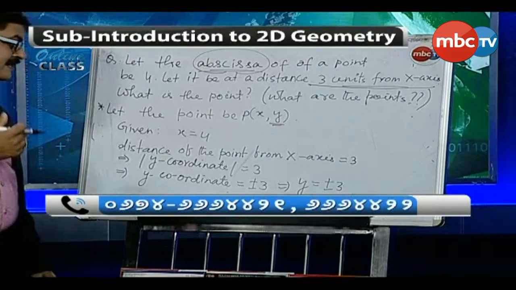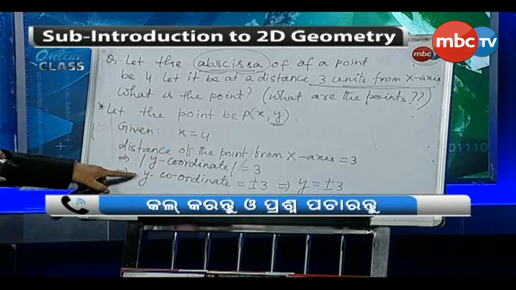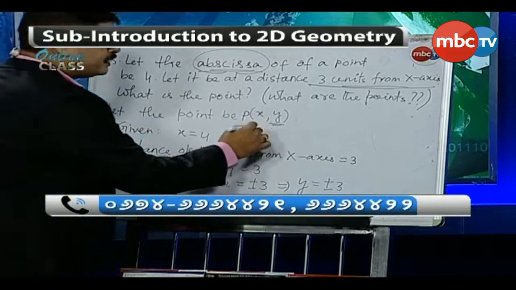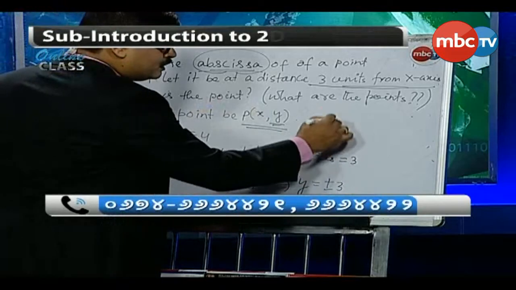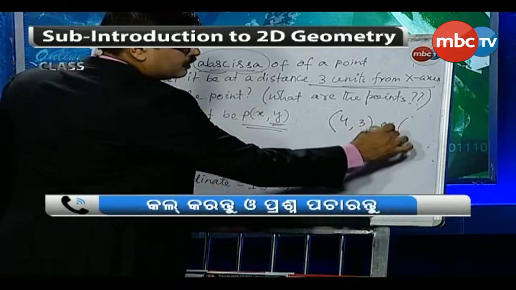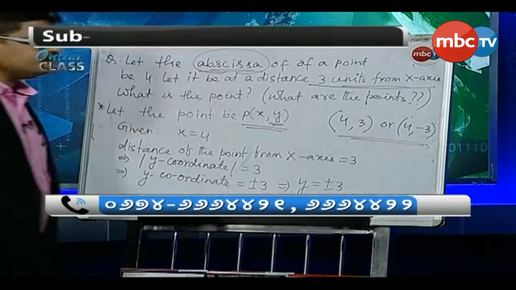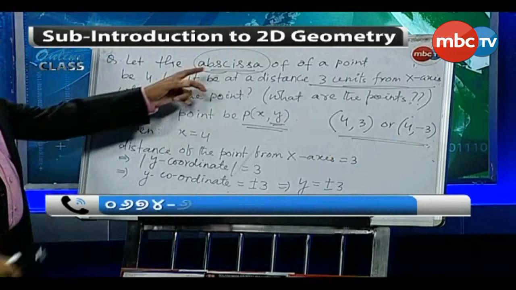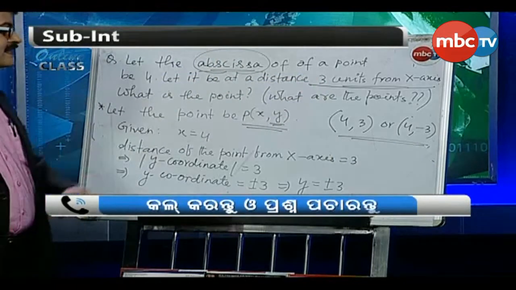So what will be the points then? Value of x is given to us and we have calculated value of y to be plus or minus 3. We have taken the point as P(x, y). So the point can be x coordinate 4, y coordinate 3, or x coordinate 4, y coordinate minus 3. That means we will get two such points having x coordinate 4 and at a distance 3 units from x axis.